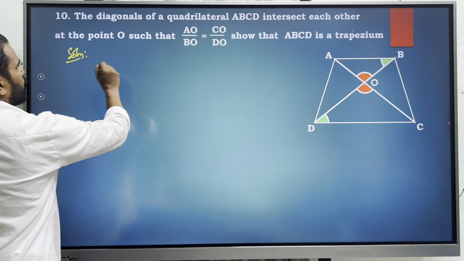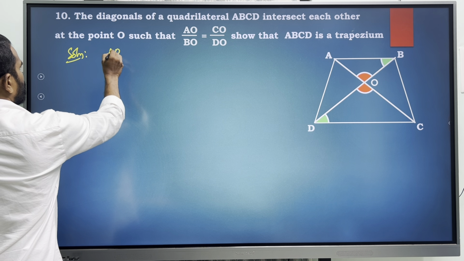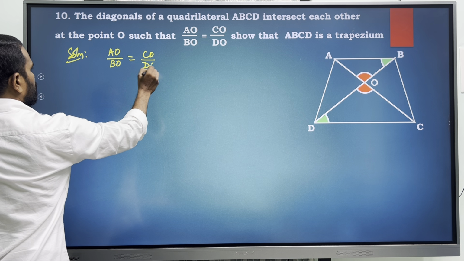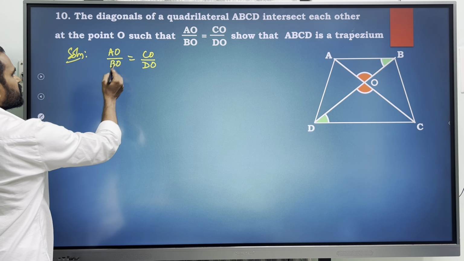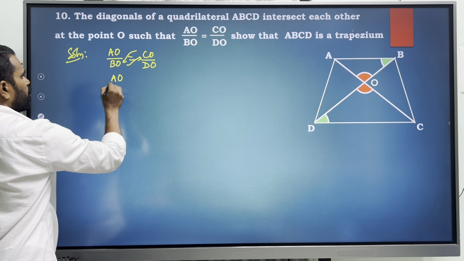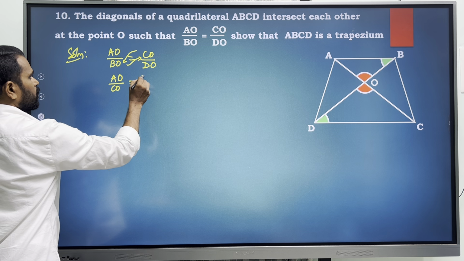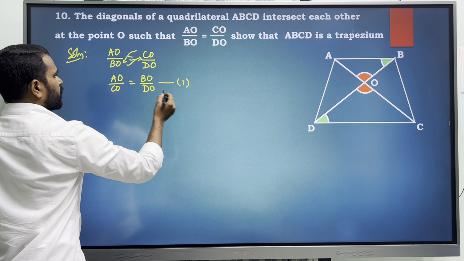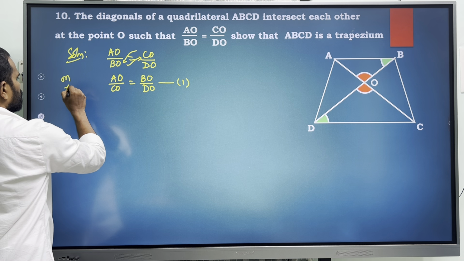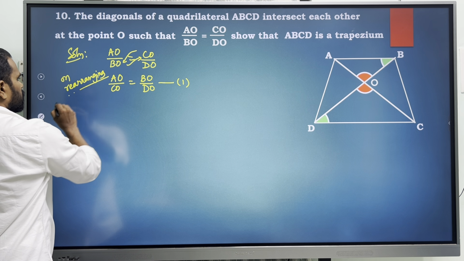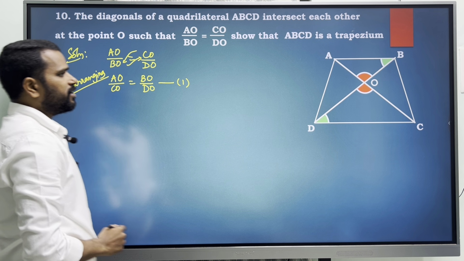So what is given? AO by BO equals CO by DO. Rearrange the terms: AO by CO equals BO by DO. Let us call this 1, on rearranging the terms. Now what will I do?